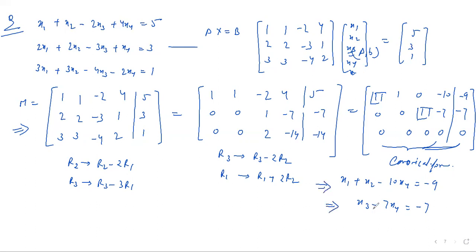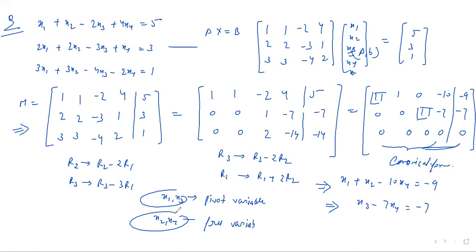Now you will see that x1 and x3 are pivot variables because they have pivot elements. And x2 and x4 are free variables.